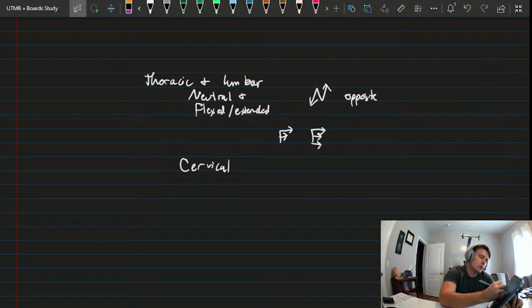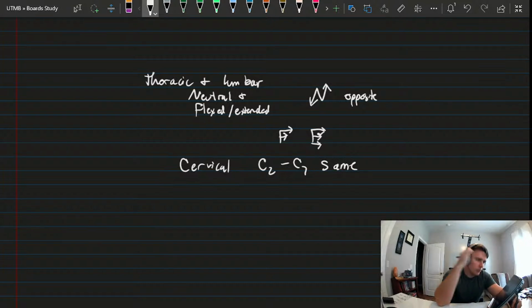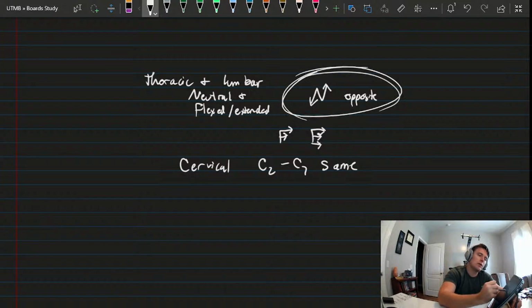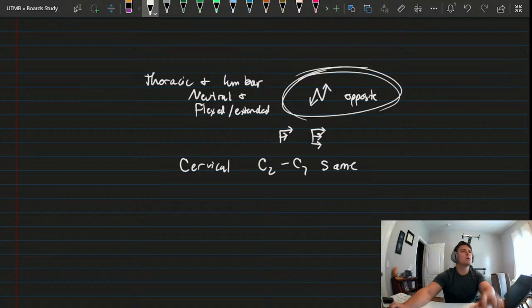So cervical from C2 to C7, they are the same. So the only ones that are different is the thoracic and lumbar in the neutral location. So I don't know if it delineates for flexion and extension in the C spine. So, oh, it says right here. So I'm on this website.